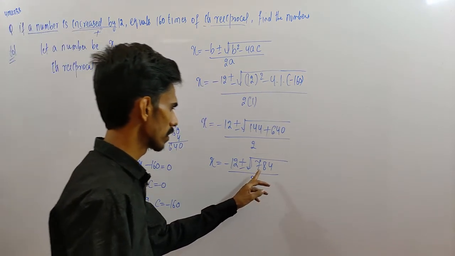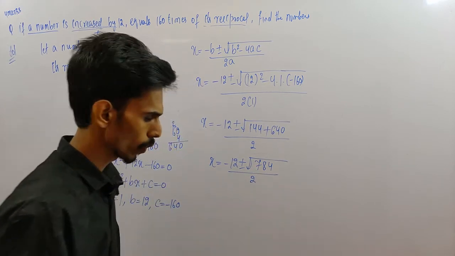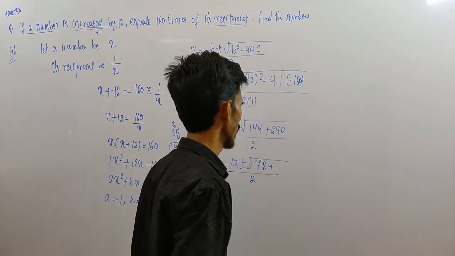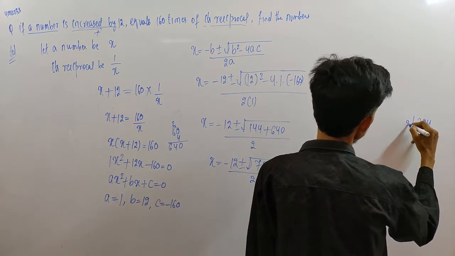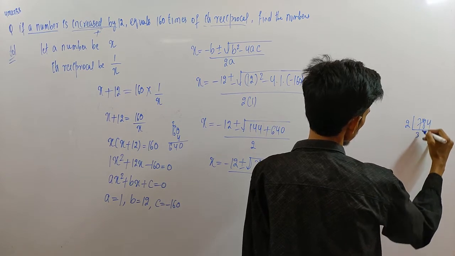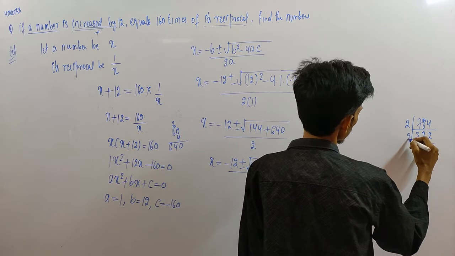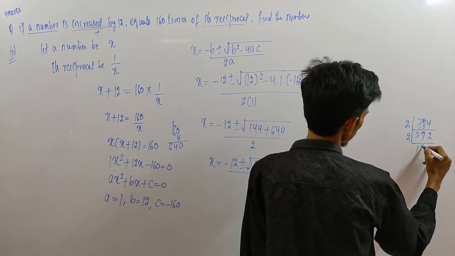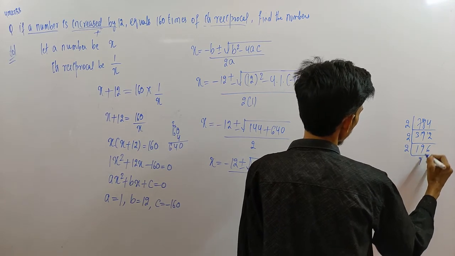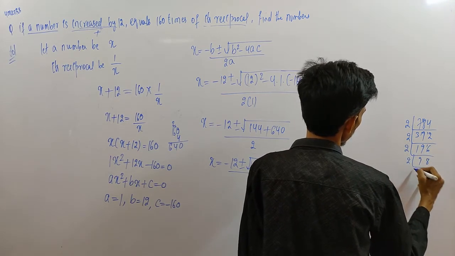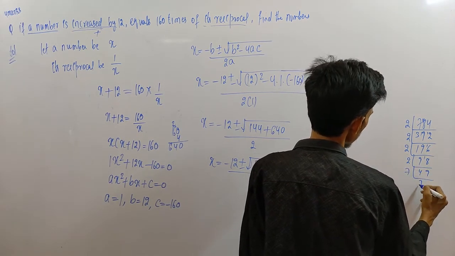We have to get the value of this root, 784. We have to know this value. This can be obtained by taking LCM with 2. 2 3s are 6, 2 9s are 18, 2 4s are 8, and we get 392, 196, 98, 49, then 7 into 7.